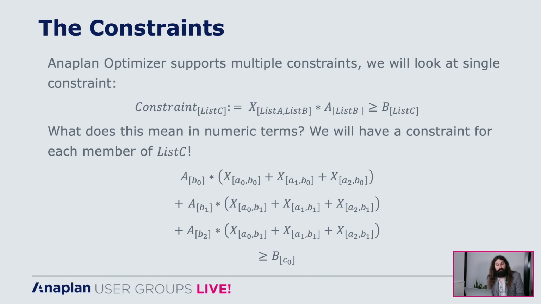So actually what we'll end up with is 3 constraints that have the entirety of the left-hand side the same and a different value on the right-hand side. And you can see the unrolling happening here again, because A is dimensioned on B0 and X on list A and list B. When you unroll those, you end up summing X over list A and then multiplying that with the appropriate term in list B for A, and doing that for each of the 3 terms.